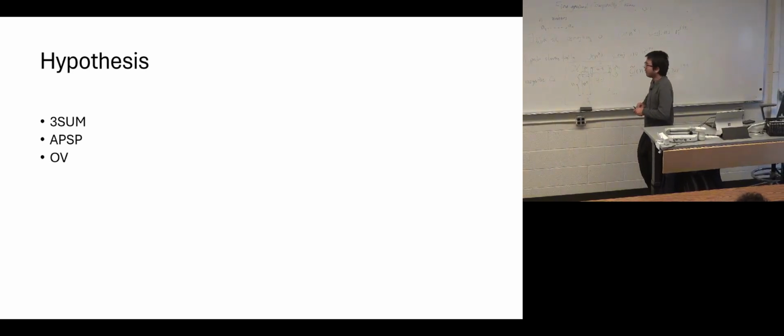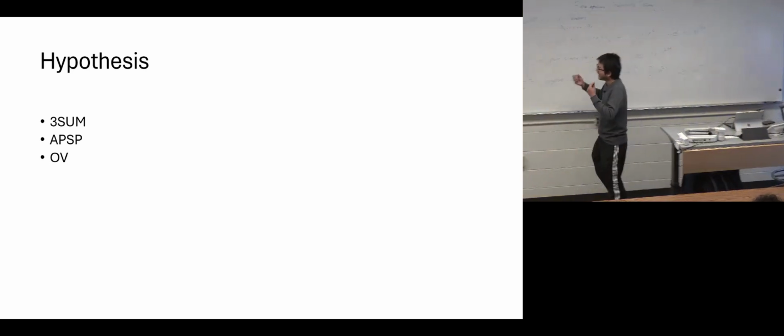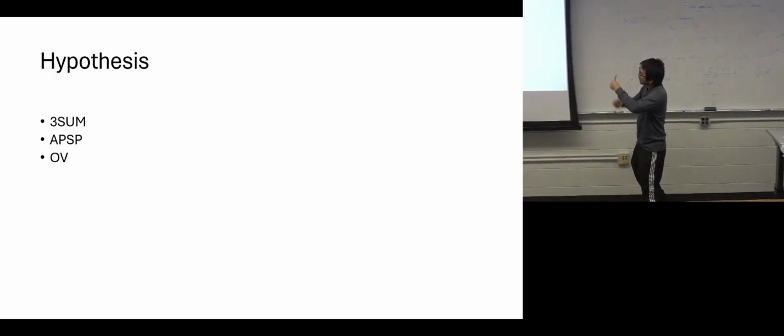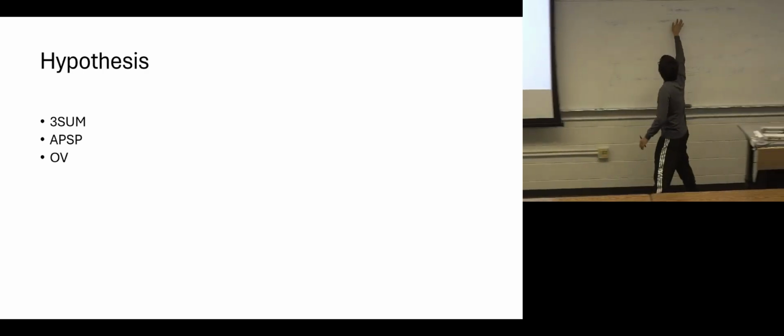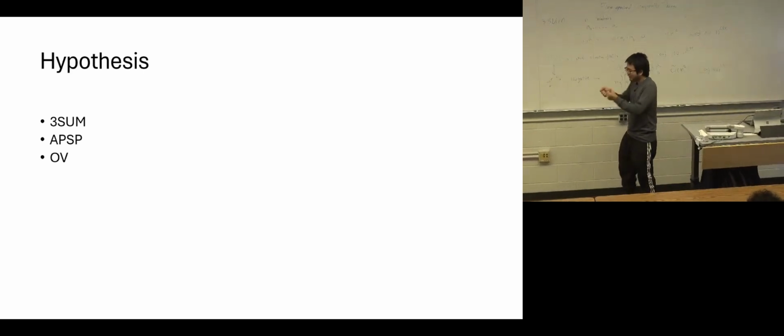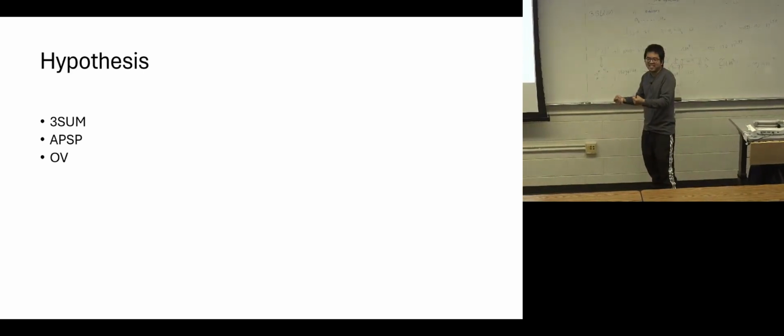So these are the key problems, the 3 big problems. They call it the big 3 in this area. Once you assume that they are hard, it explains why maybe 50, 60 other problems are hard.